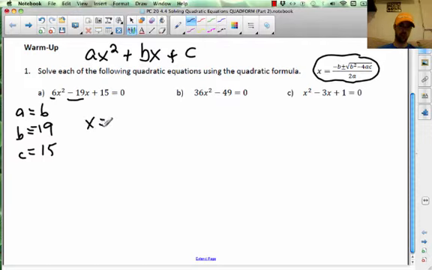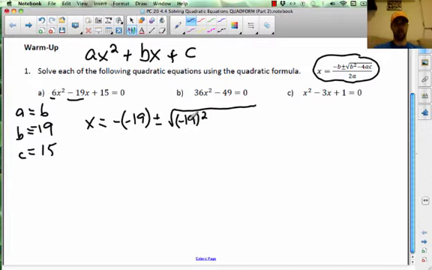So, solving for x equals negative b. Now, that's the negative of minus 19, so that's going to end up positive. Plus or minus the square root of b squared. Now, when you square b, be sure to square the entire thing. So put b in brackets so that you know you're squaring the minus as well as the 19.